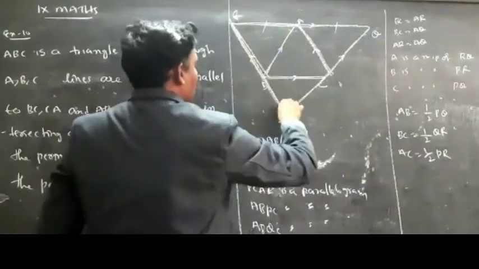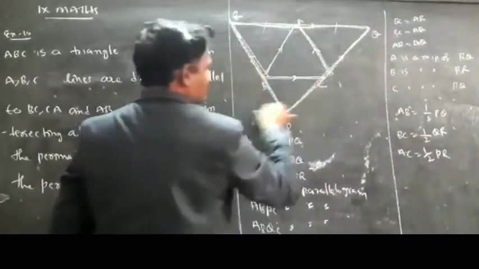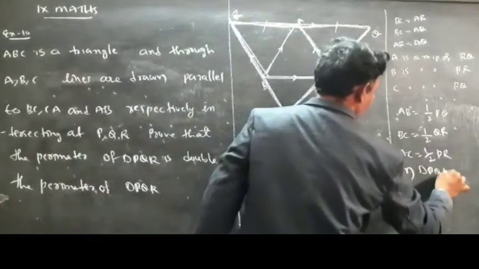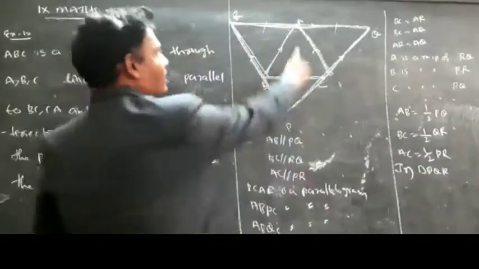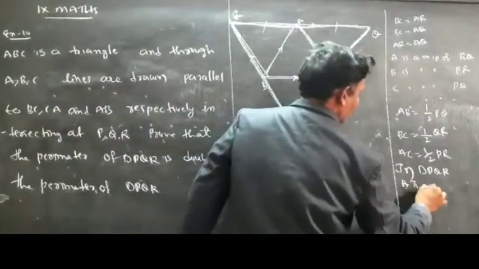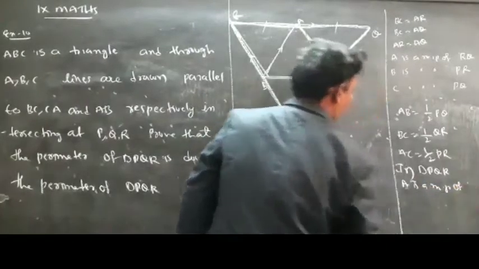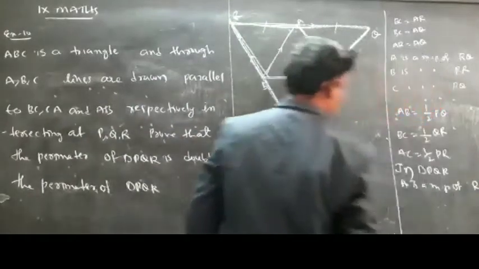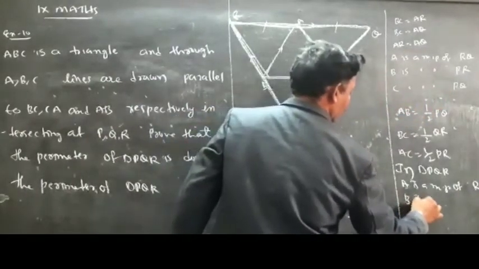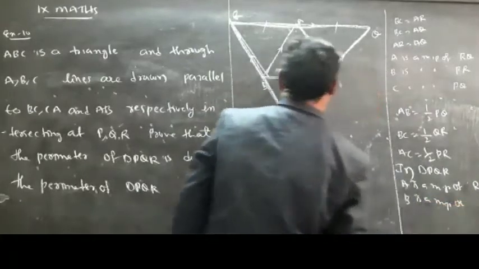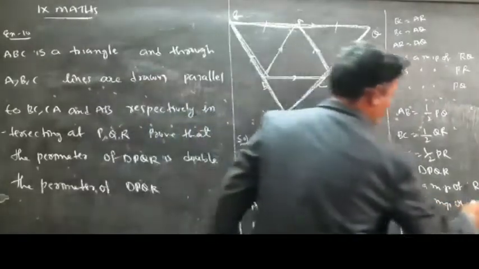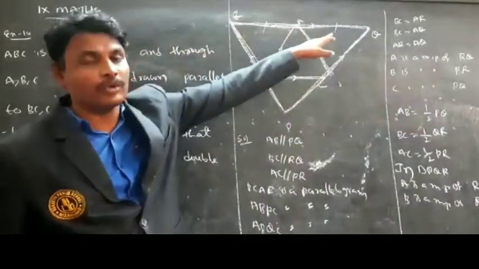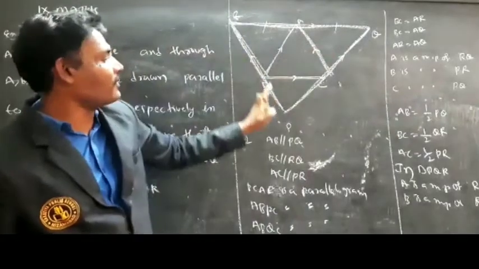Because in triangle PQR, A is the midpoint of RQ, and B is the midpoint of RP.